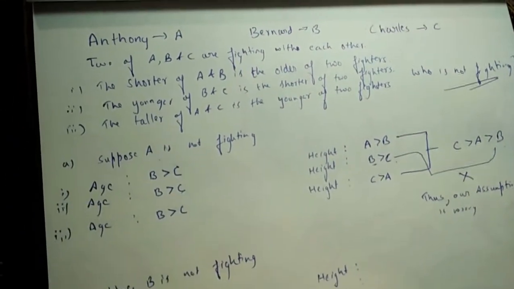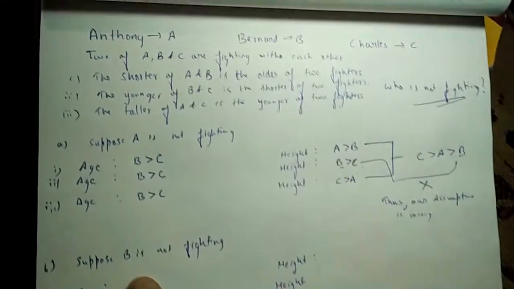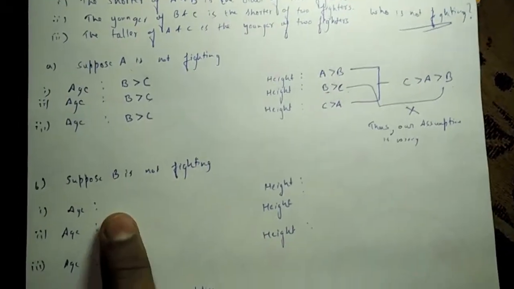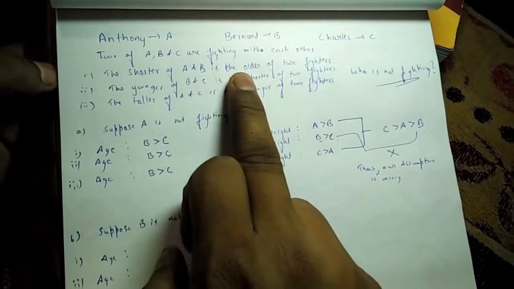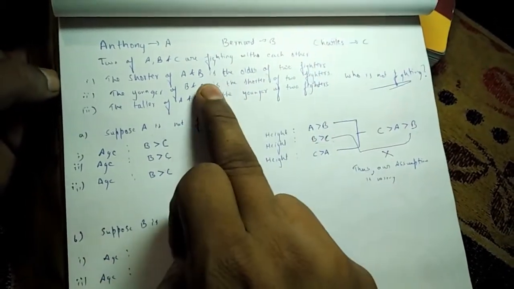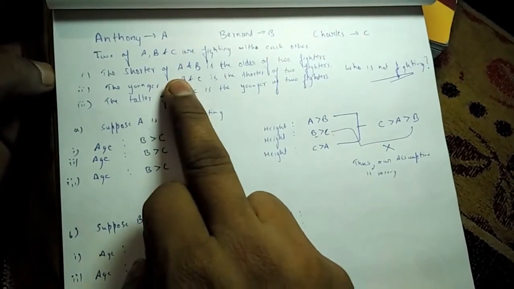Similarly, we will now come to the second supposition, that is B is not fighting. Now, from the first equation, the shorter of A and B is the older of the two fighters. As B is not fighting, then A is the shorter.